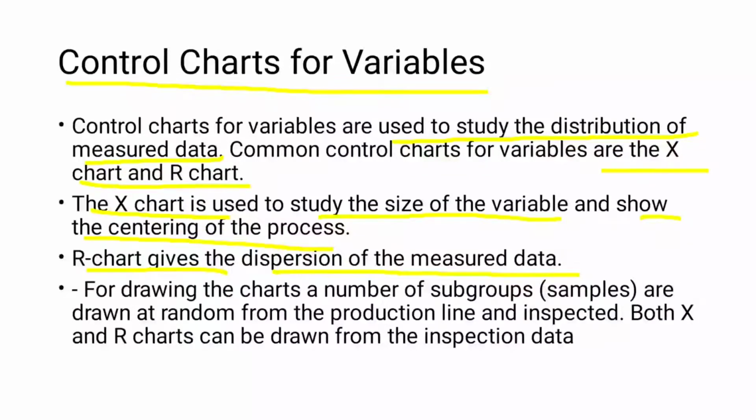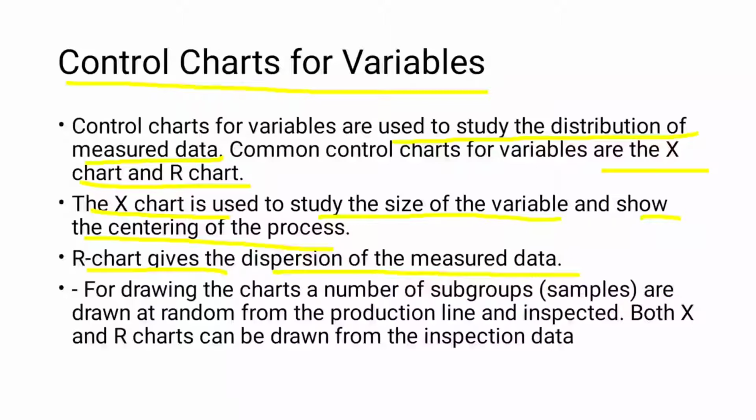Now for drawing the charts, a number of subgroups, that is samples, are drawn at random from the production line and inspected. Both X and R charts can be drawn from the inspection data. Now see what is given. What is the requirement for drawing the charts? A number of subgroups are drawn at random from the production line and inspected.